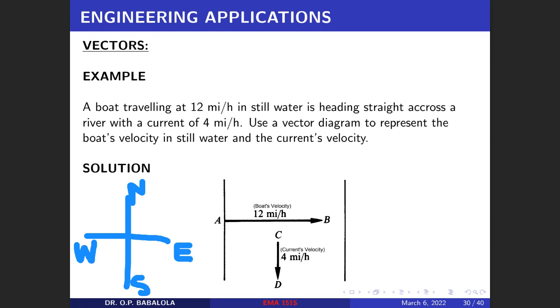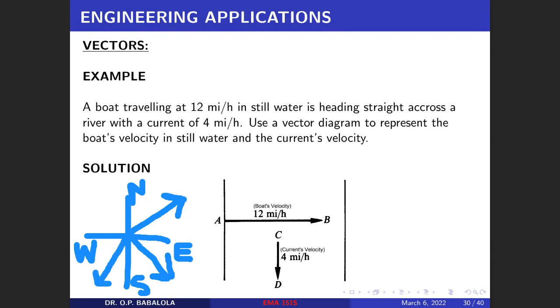You can have an object traveling northeast, but you must show with the arrow that it's traveling northeast. You can have an object traveling east-south. You see? You can have an object traveling west-south or southwest.